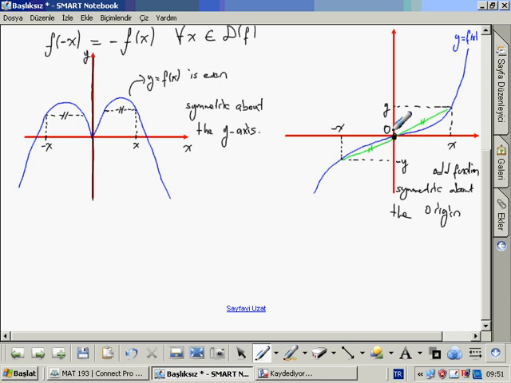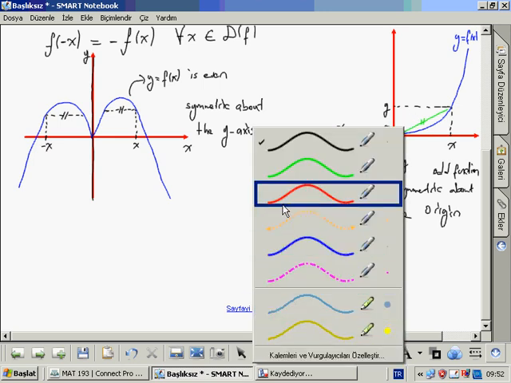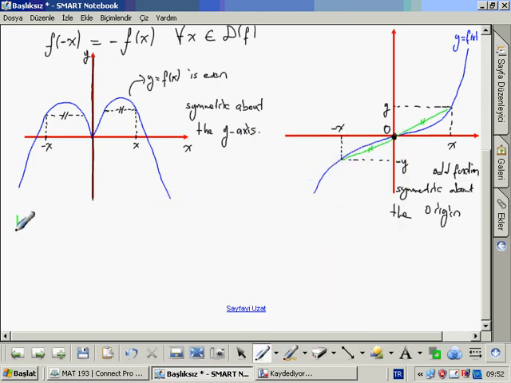Okay, and the reflections in straight lines.